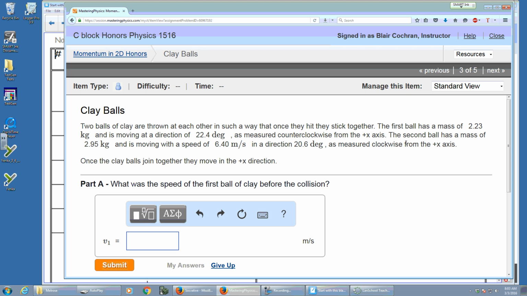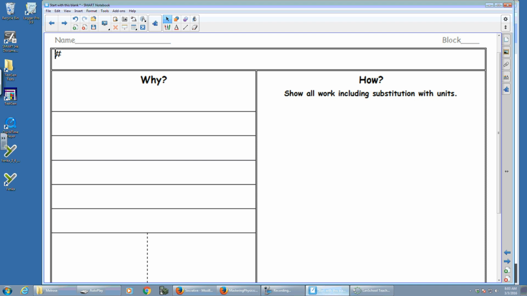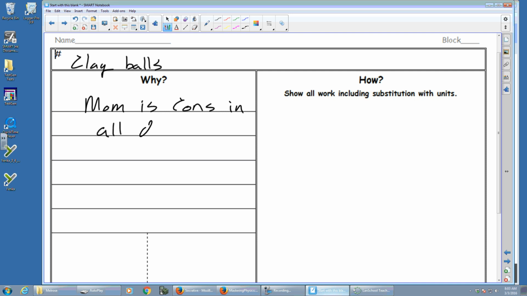All right, let's see. These are clay balls. So, momentum is conserved in all directions, right?